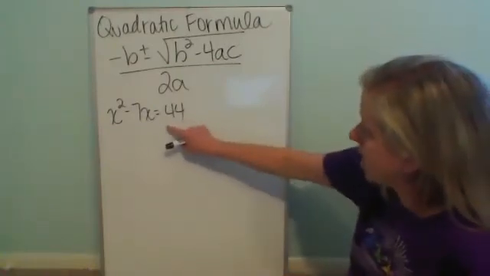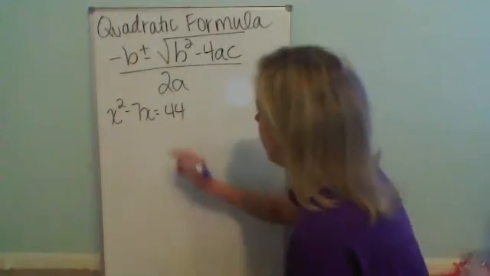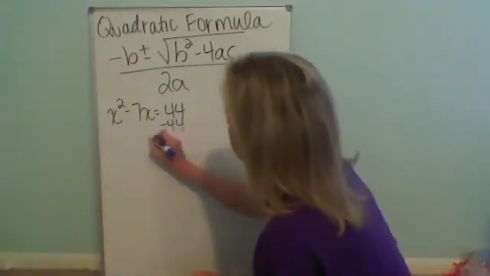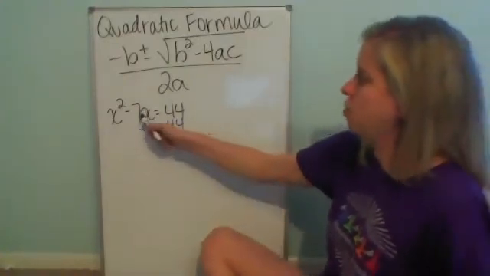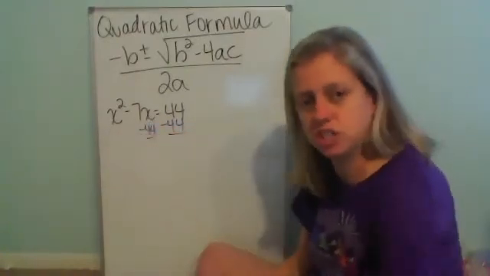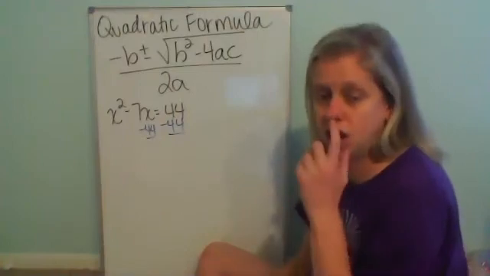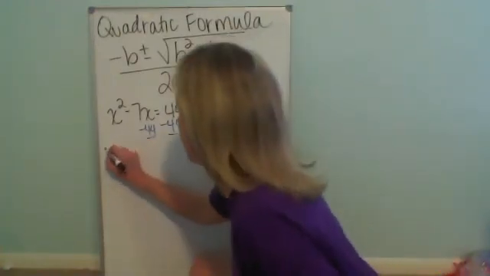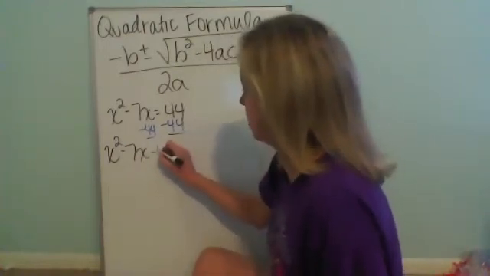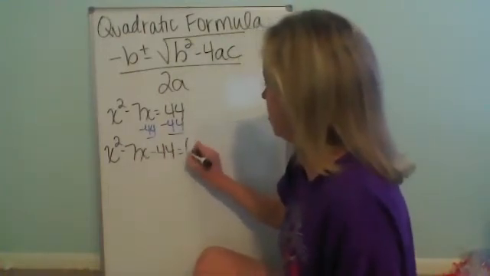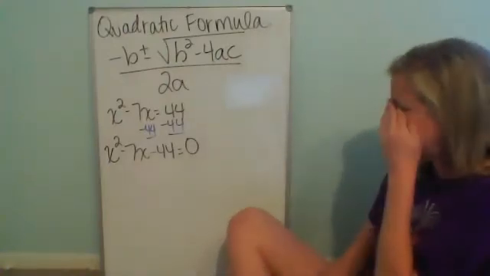So I need to subtract this 44 from both sides. The minus 44 doesn't have a like term over here, so it's just going to slip in and make a third term on that left side. So I've got x squared minus 7x, just slide the minus 44 in there, equals 0.